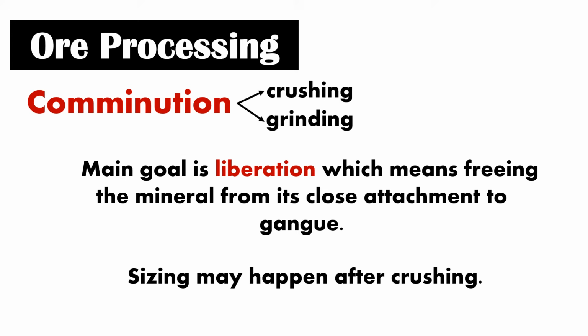Pag grinding naman, almost powdered na yung particles na yung size ay sinusukat na ngayon sa microns. The main goal of your comminution is liberation, which technically means freeing. Kumbaga, pinapalaya natin yung minerals sa pagkakadikit nito sa unwanted minerals na nasa isang ore.